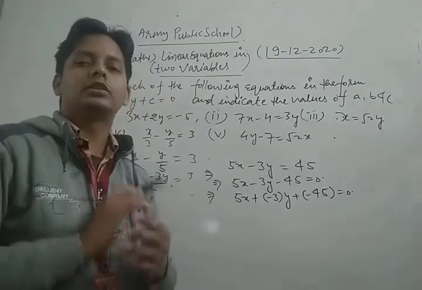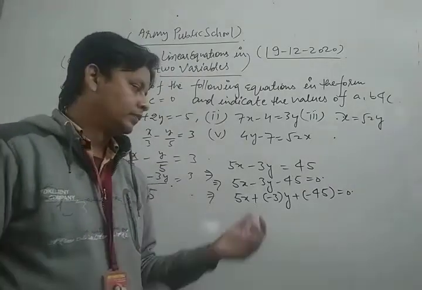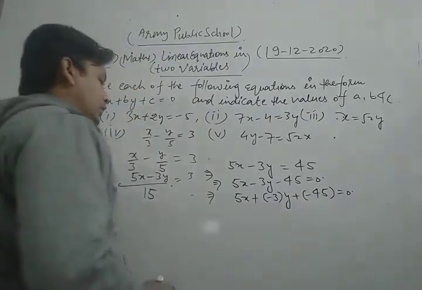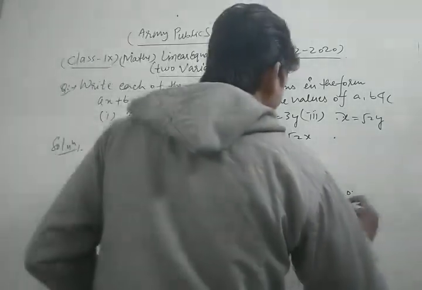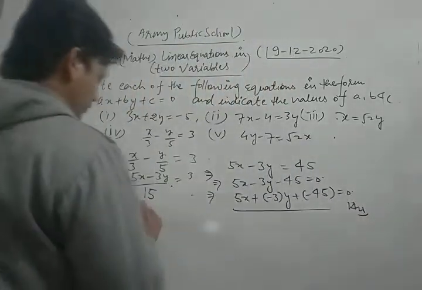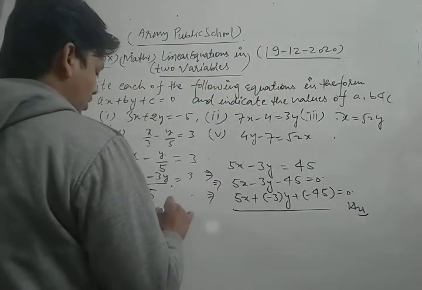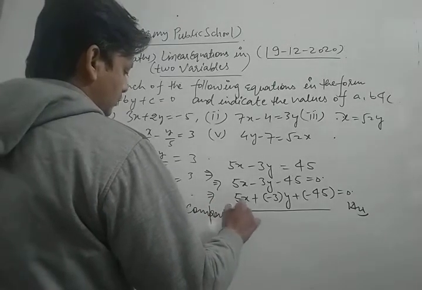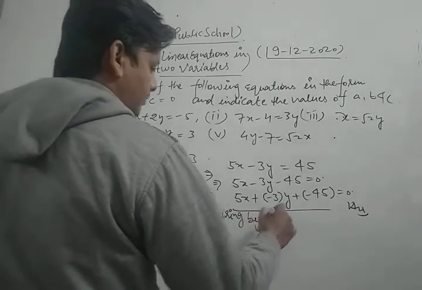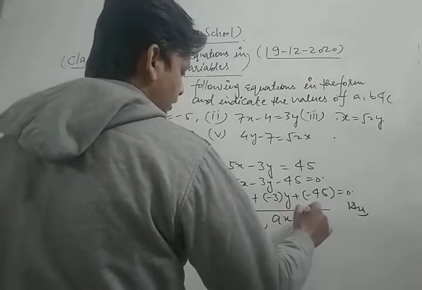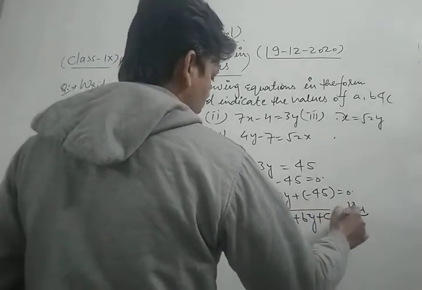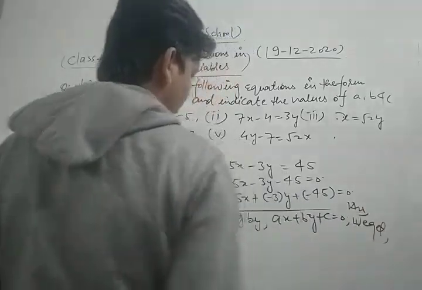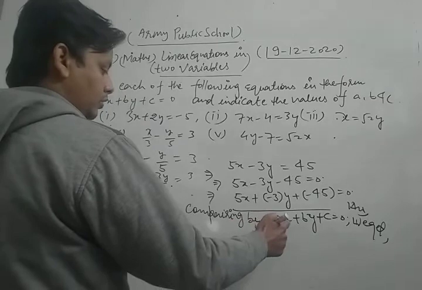Okay, dear student, this is the original form of the equation as ax plus by plus c is equal to 0. This is one answer. Now on comparing with the equation ax plus by plus c is equal to 0, we get the value of a, meaning the coefficient of x, is a.